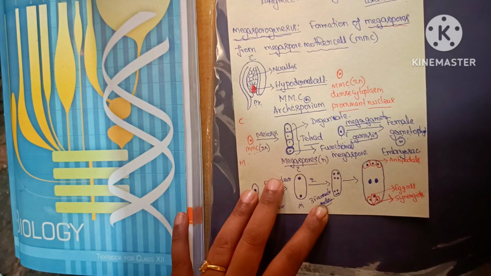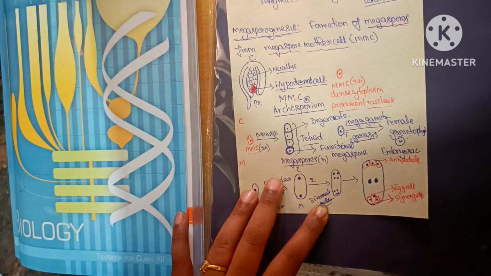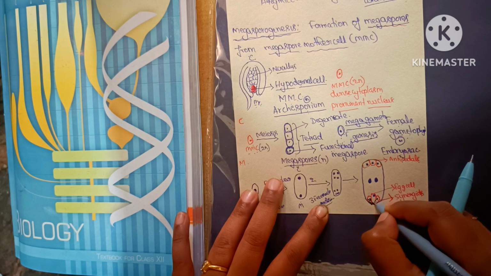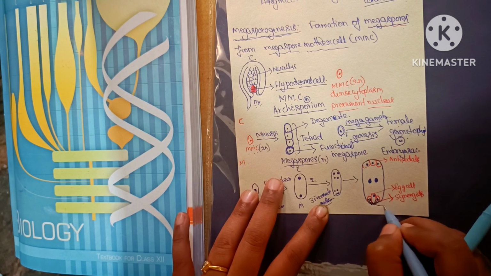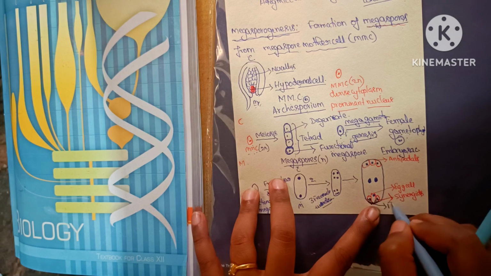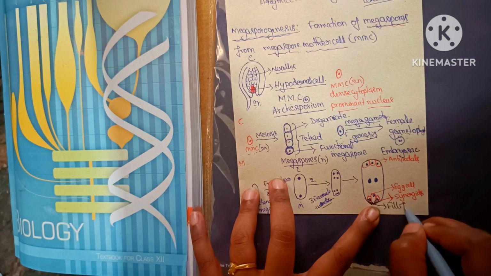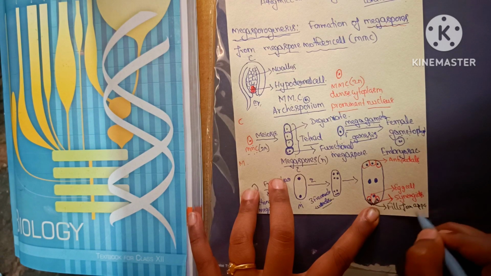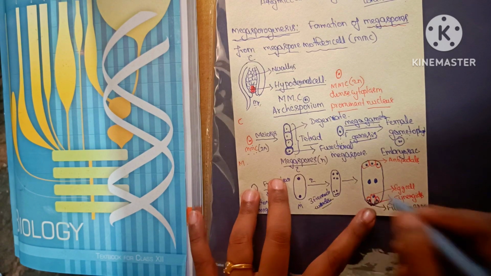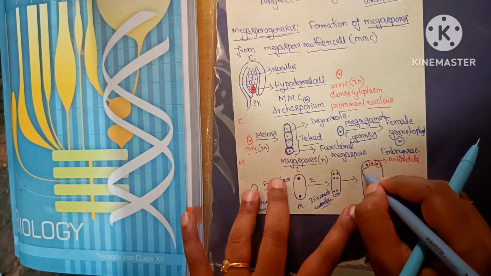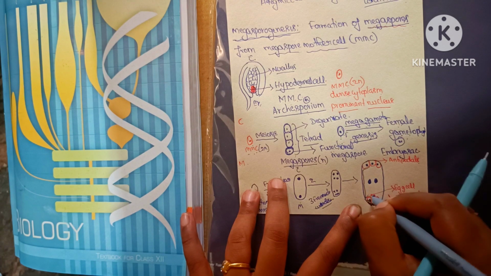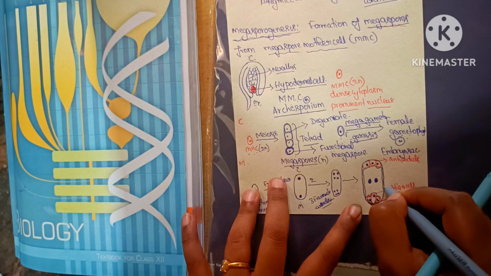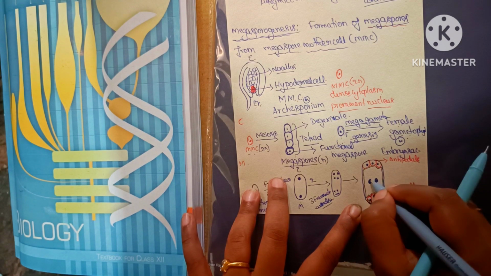And synergids have thickenings, finger-like projections, and these are called filiform apparatus. Now there remains a large cell at the center, and this large cell contains 2 nuclei.